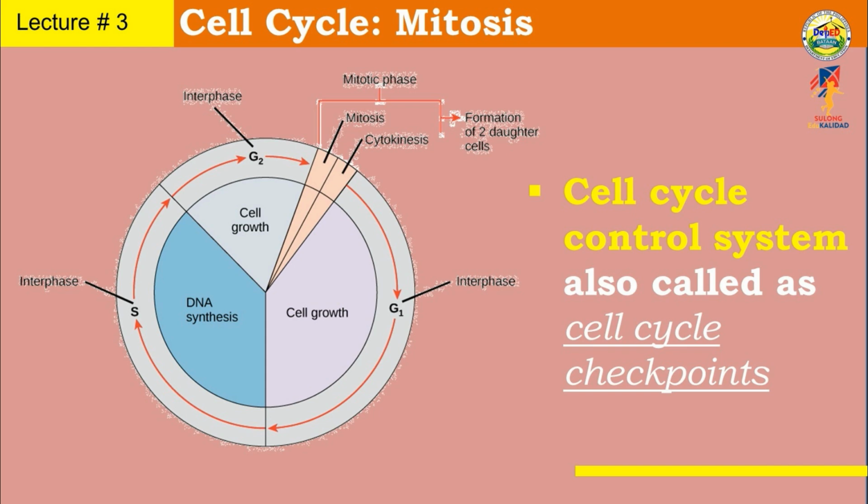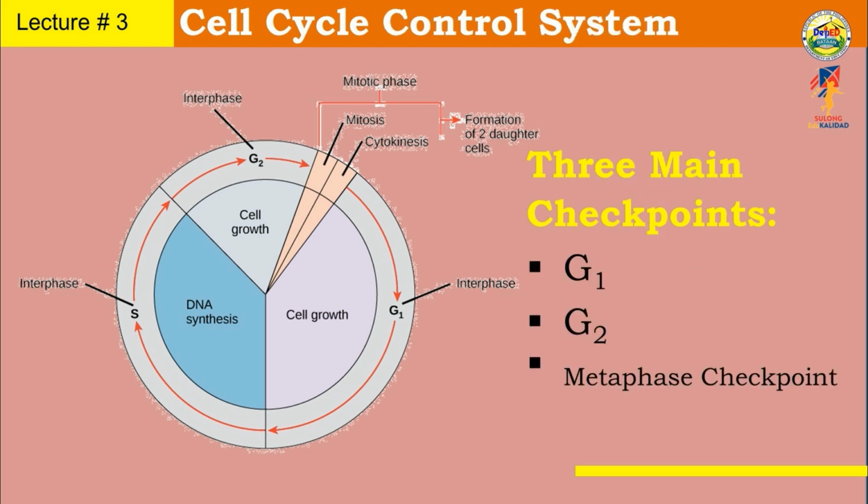Mistakes in the duplication or distribution of the chromosomes lead to mutations that may be passed on to every new cell produced from an abnormal cell. The cell cycle control system has 3 main checkpoints: the first gap, the second gap, and the metaphase checkpoint.